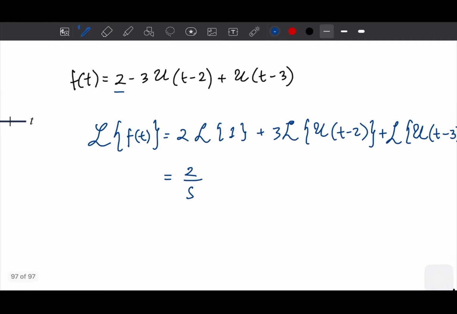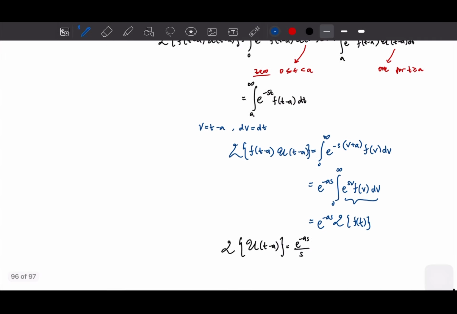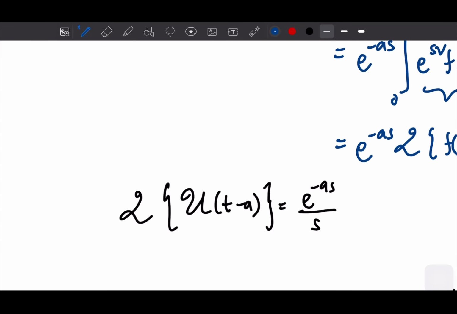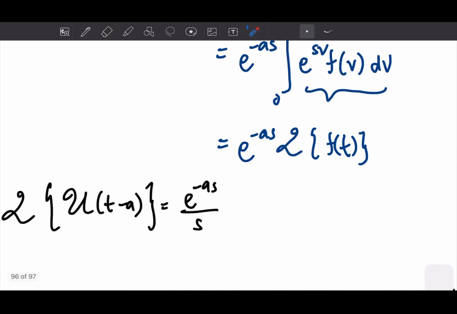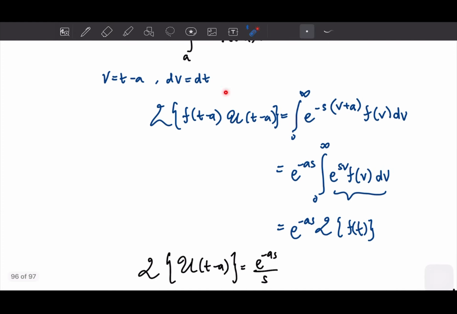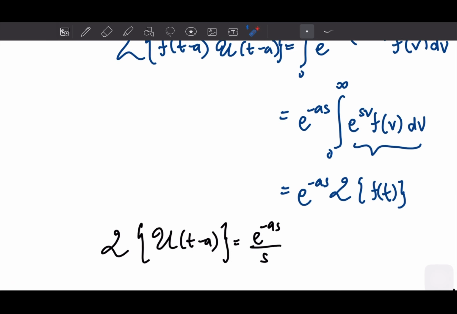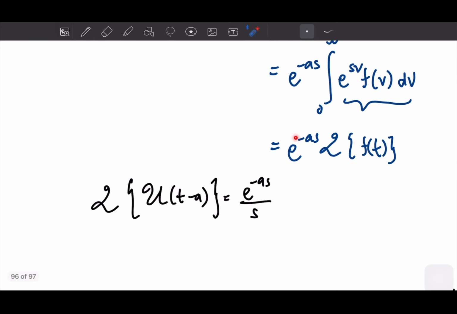But for this one, if we remember what we have in previous examples, we could directly write the unit step function t minus a. Since we have these relations, we could write the Laplace itself as e to the power of negative as over s.